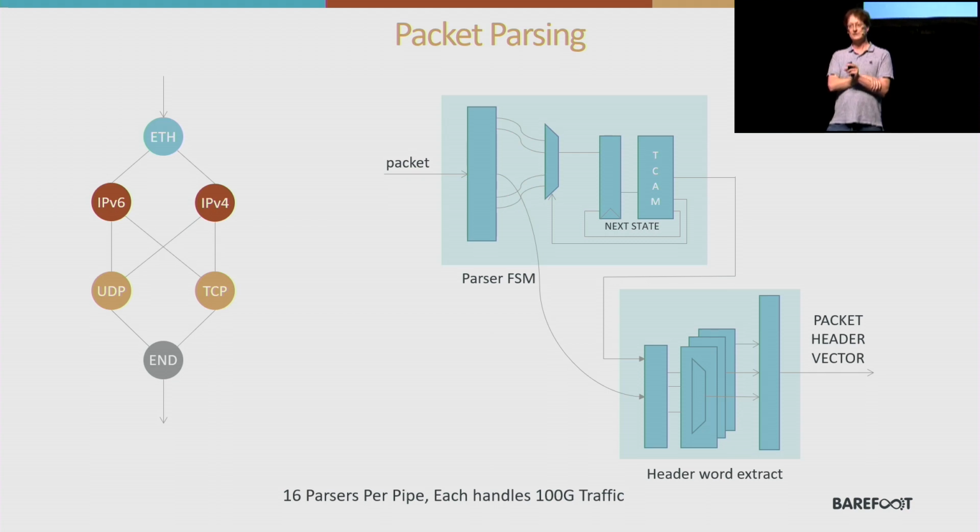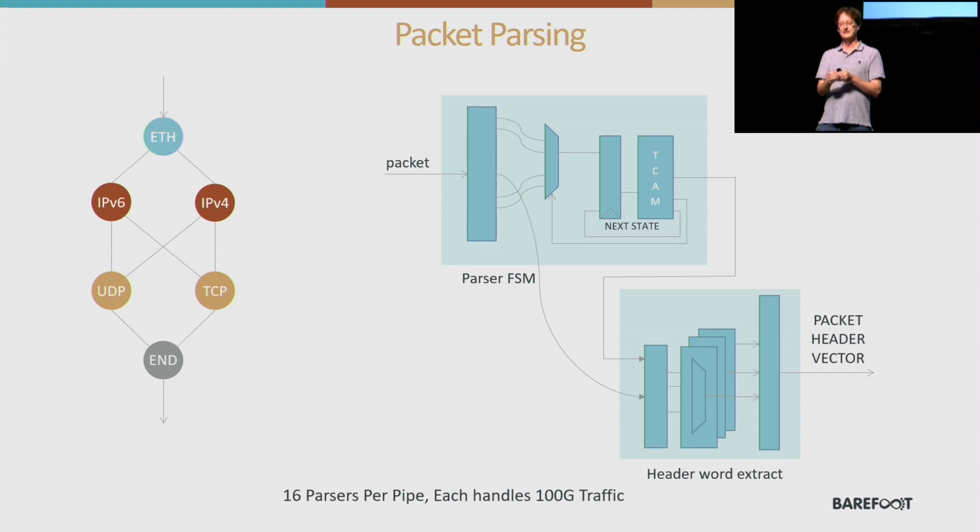And the sequence of headers of an individual packet represents a path through this parse graph. If you consider the nodes in this parse graph to be states in a state machine, the state machine walks this parse graph. And the state machine is implemented using a TCAM, which matches against the current state and the set of input fields to match on.